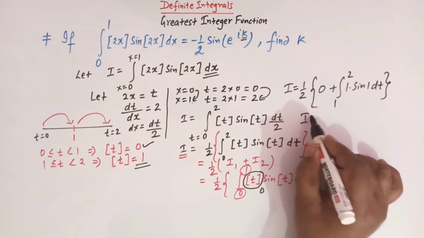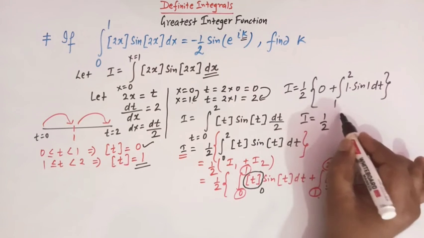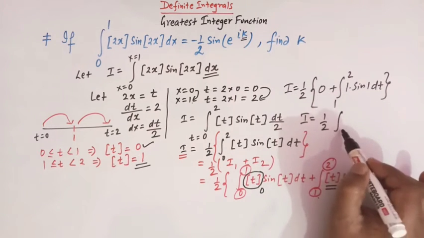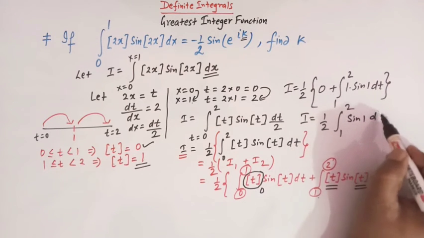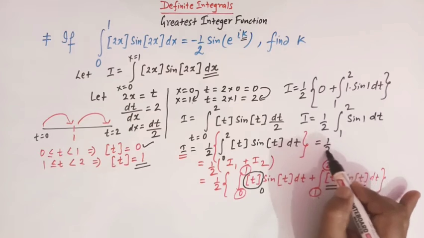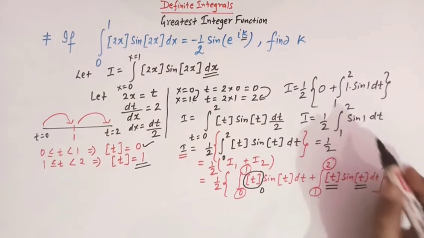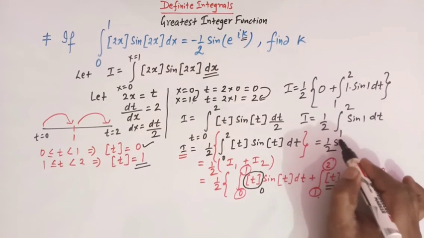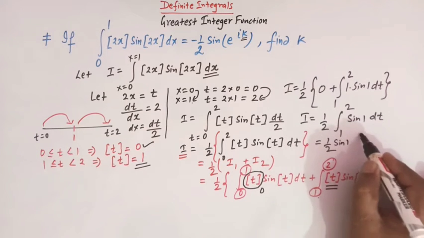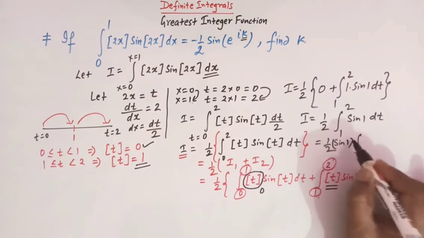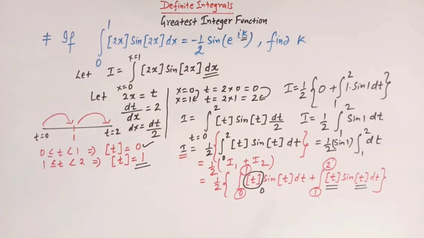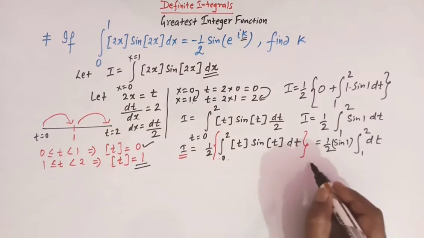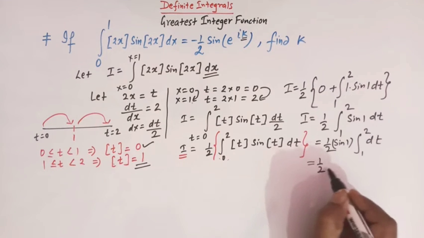So now I is equal to half times the integral from 1 to 2 of sine 1 dt. We can take sine 1 outside, so we have half sine 1 times the integral from 1 to 2 of dt.